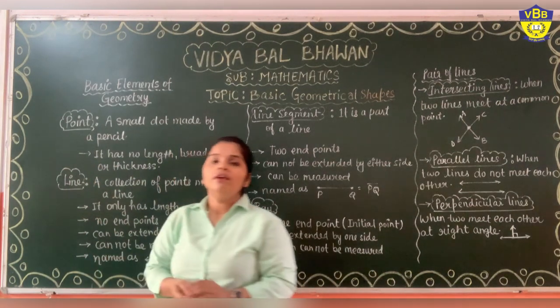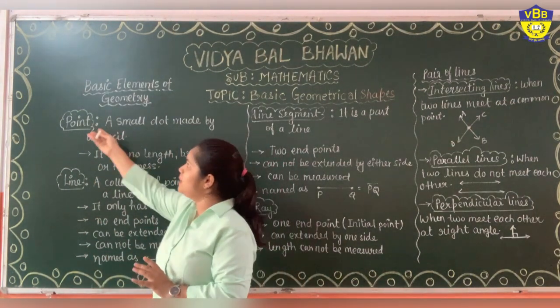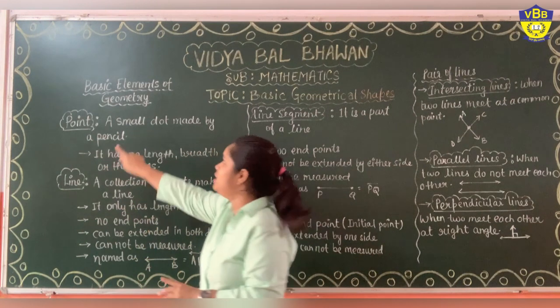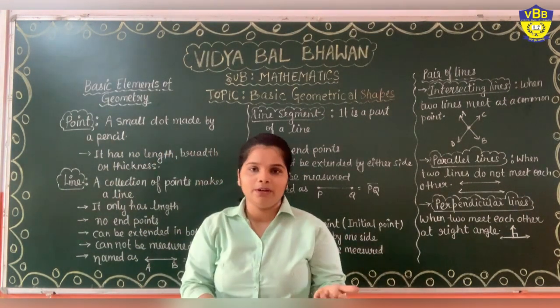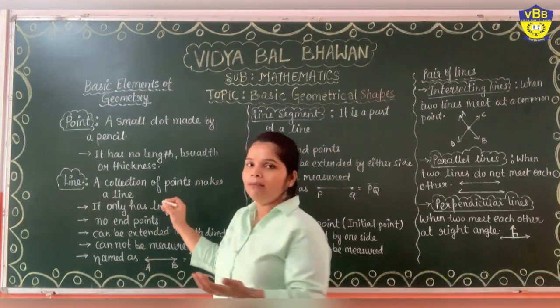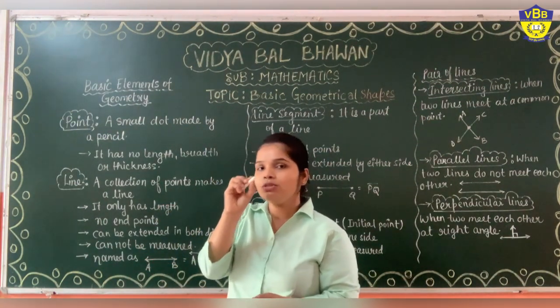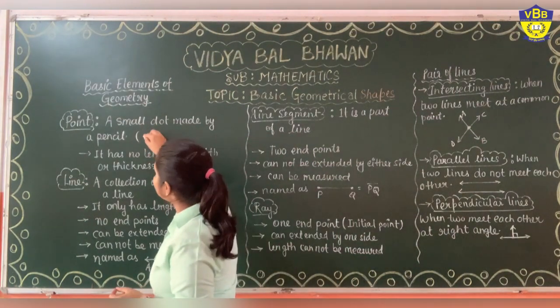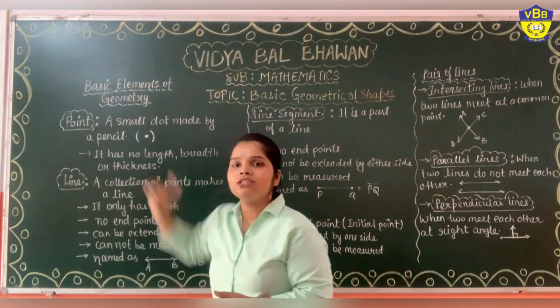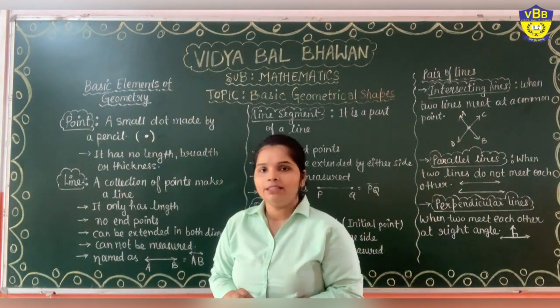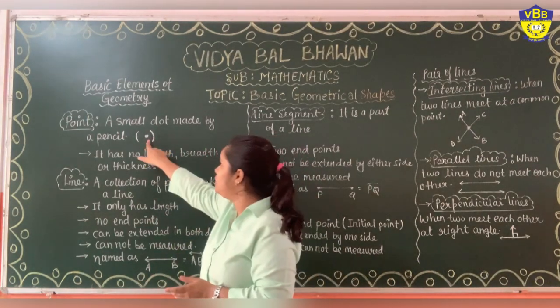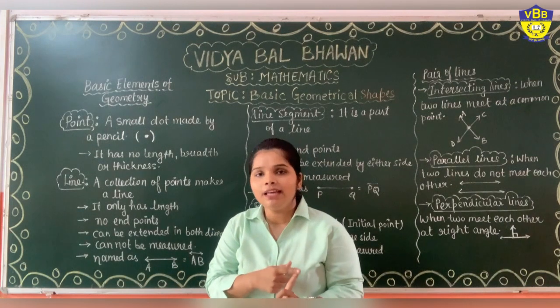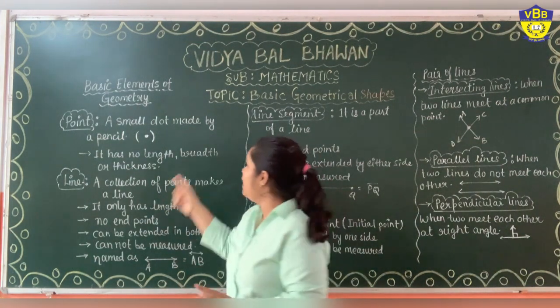A point is just a small dot made by a pencil on a paper. If this is the board and I am using this chalk and just making a dot here, this dot is a point. It has no length, no breadth and no thickness.